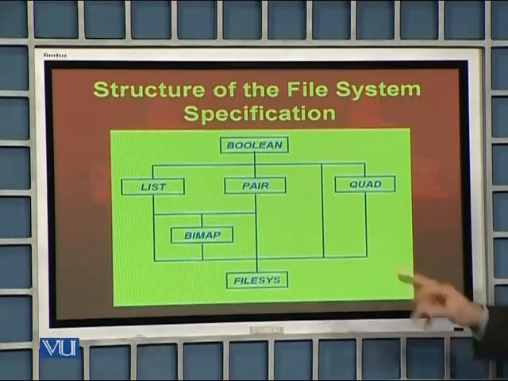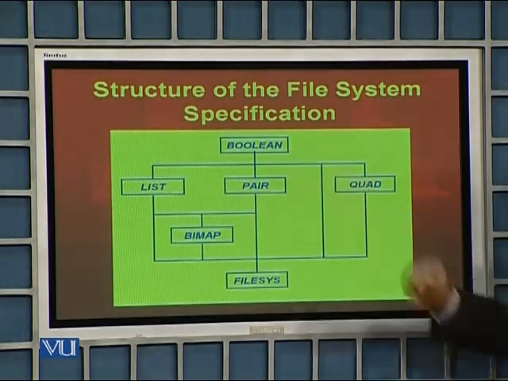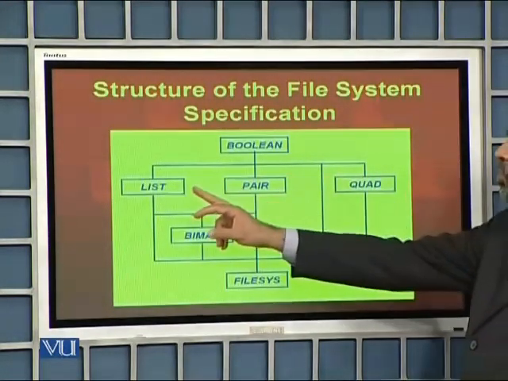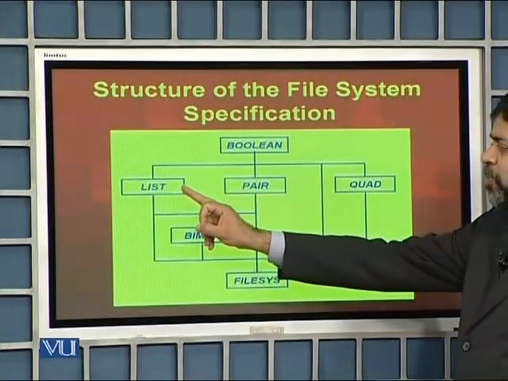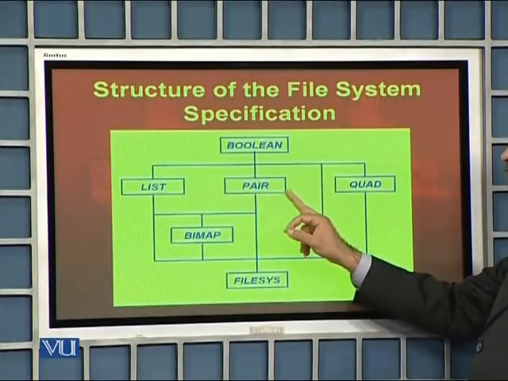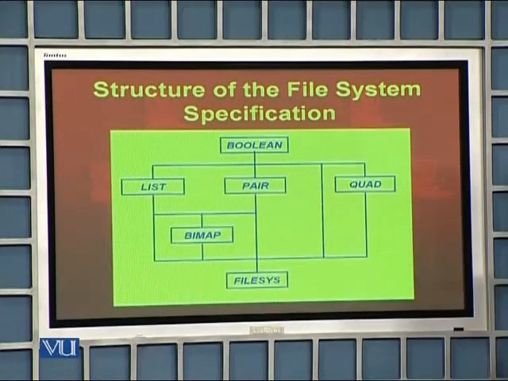So there are a number of pieces that I will write specifications for. I have my Boolean. Boolean is going to be used in specification for list, specification for a pair, specification for a quad, and the file system. So we have links from Boolean to all those different pieces.